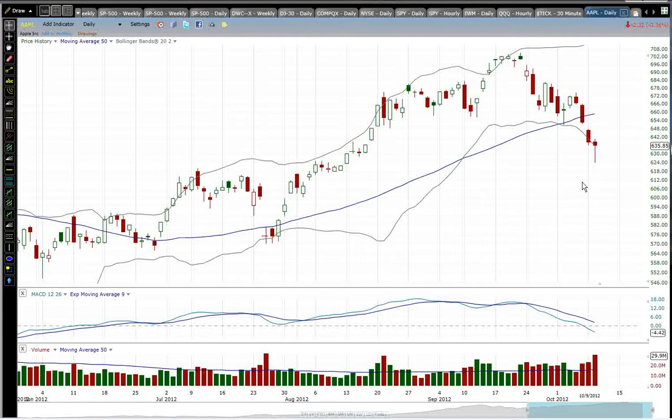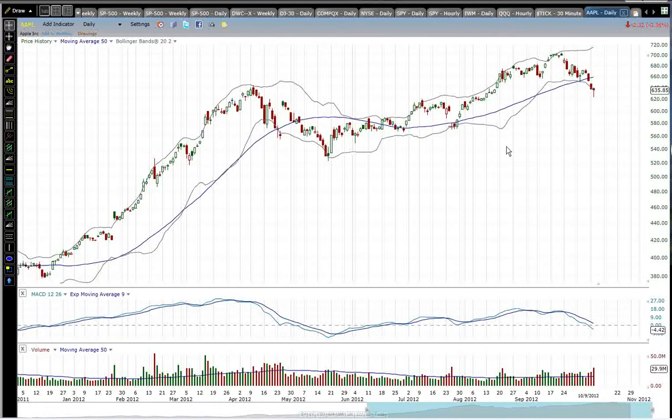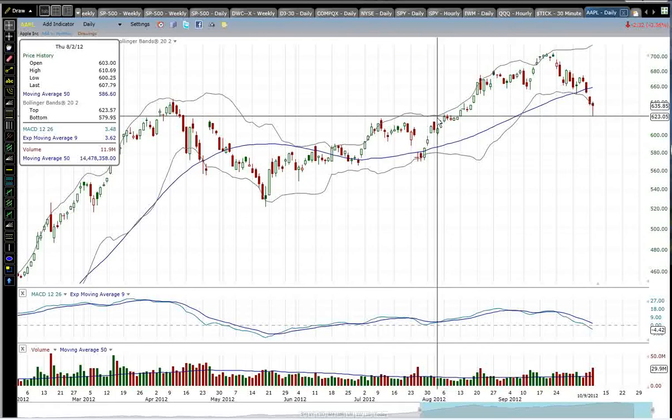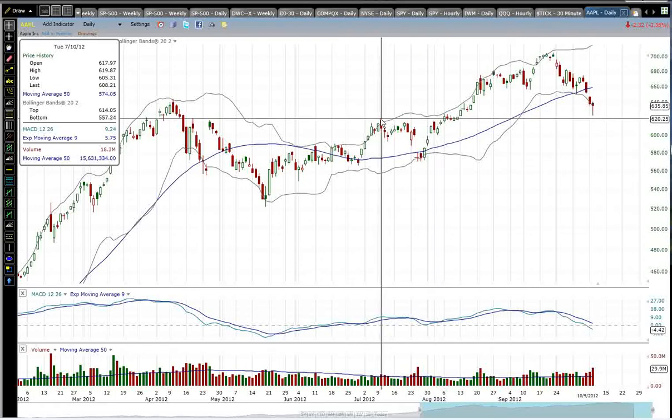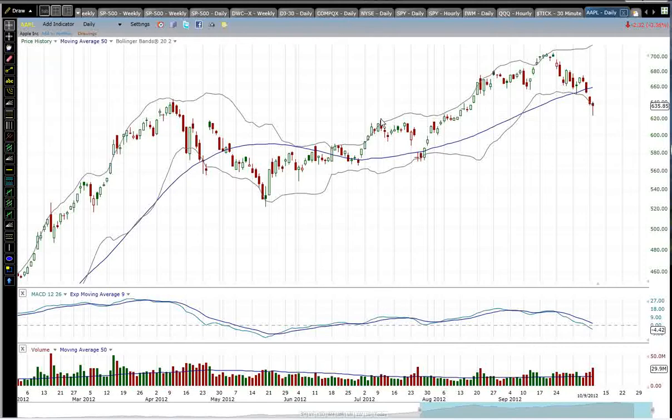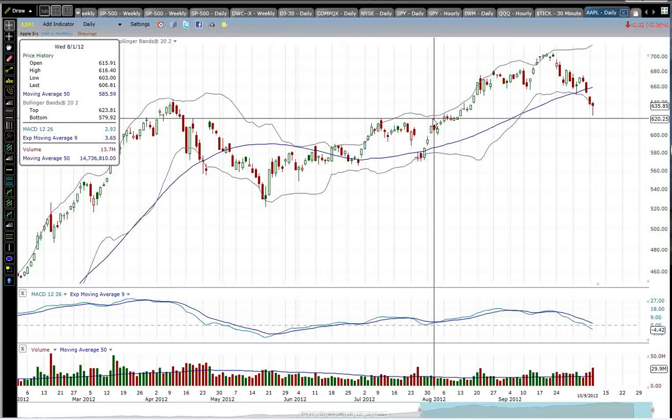So what we're seeing now in Apple is a pullback to close to the breakout point of the cup with handle pattern. So this 620 point is the breakout point. A relatively common pattern for growth stocks is, once the pattern completes and the breakout is successful, for the market to advance modestly, maybe roughly 10% or so.